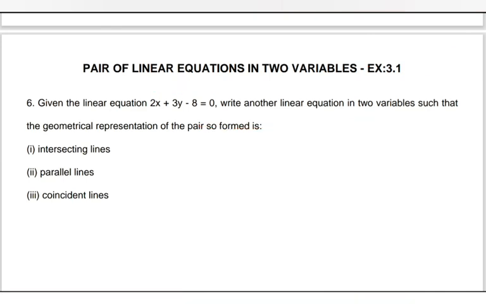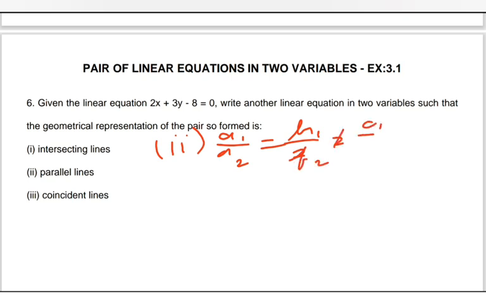So for parallel lines, the condition is a1 by a2 is equal to b1 by b2 is not equal to c1 by c2. So we should assume numbers such that the given condition will be satisfied.